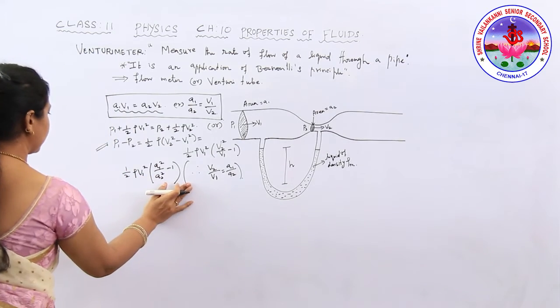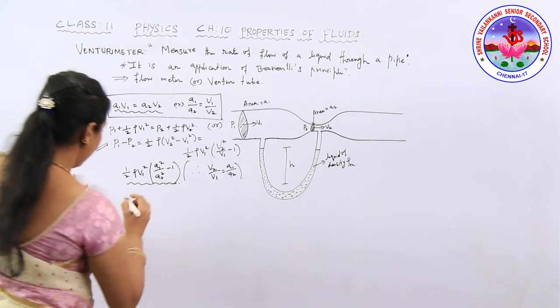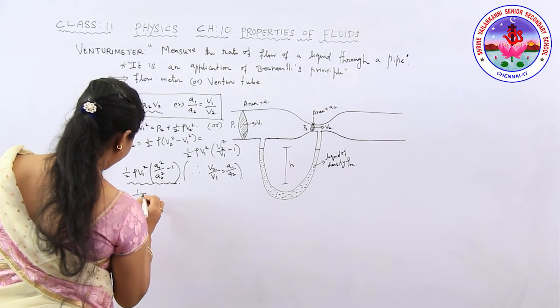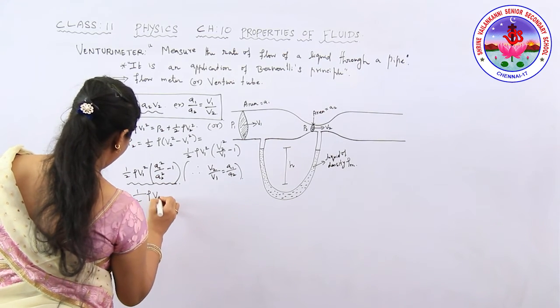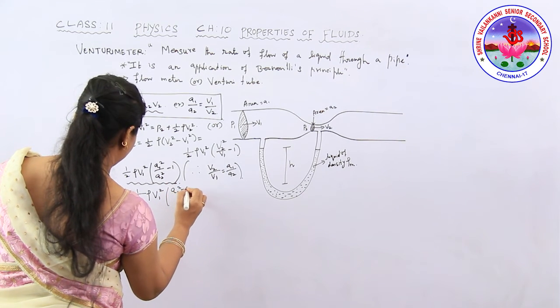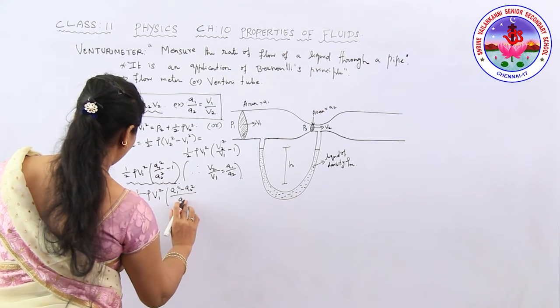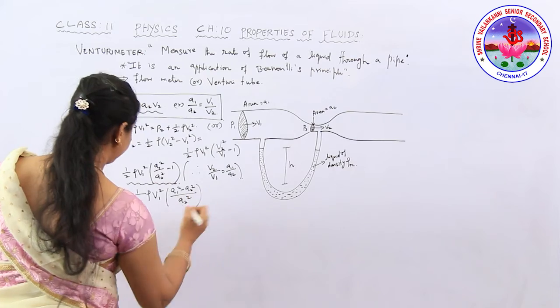Got it? This comes from this part. Now half rho V1 square into A1 square minus A2 square, whole divided by A2 square.